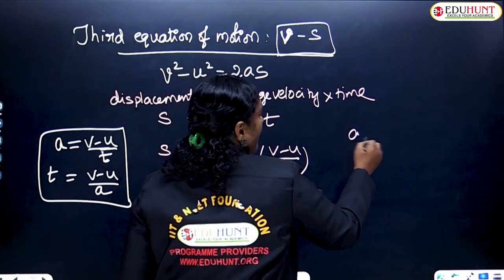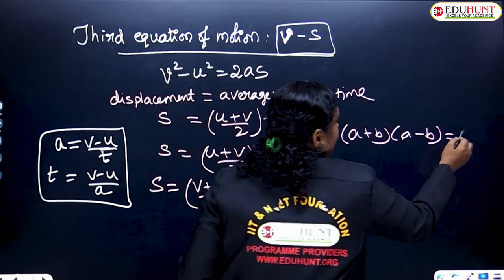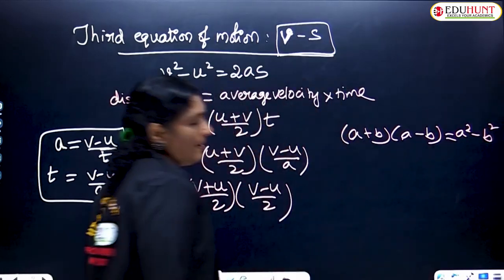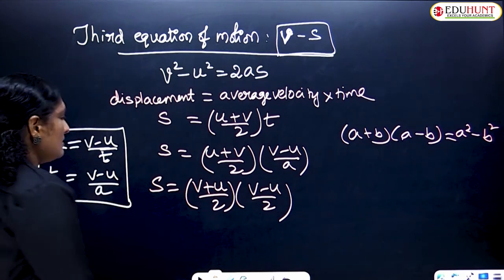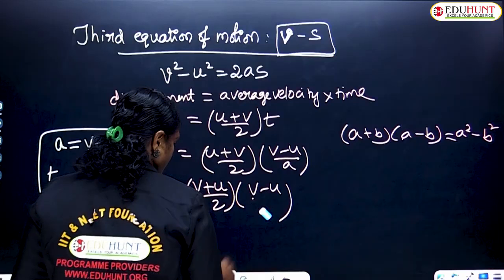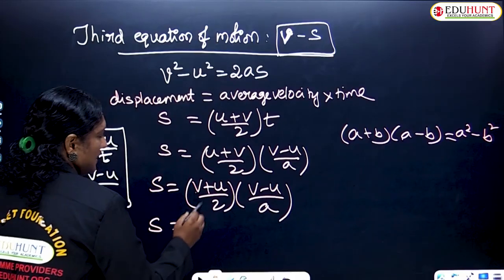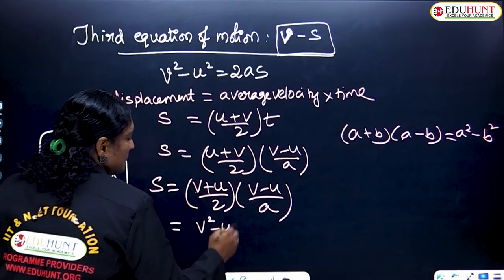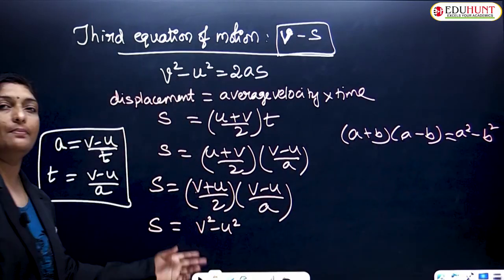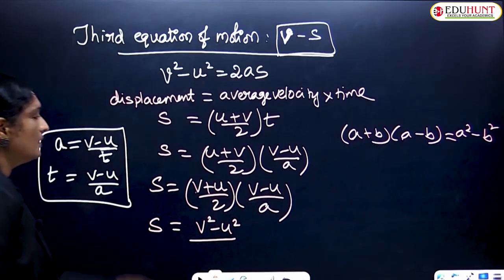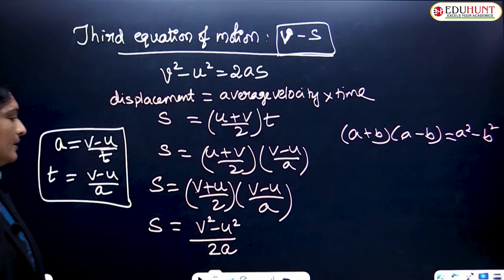So here also, (v plus u) into (v minus u) can be written as v square minus u square, whole upon 2a.